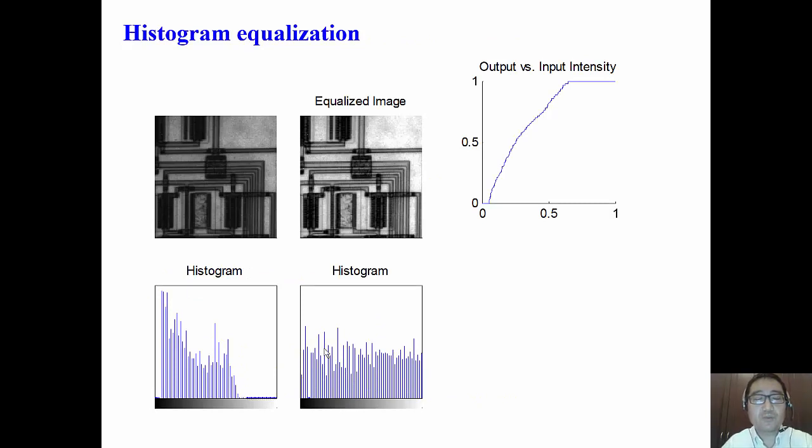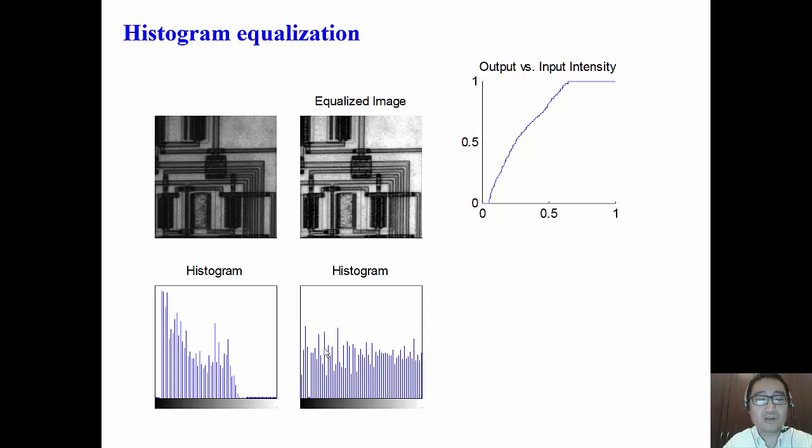Oftentimes we like to manipulate the contrast of a figure because maybe it's too dark, or we like to adjust the contrast or color. This can be done typically by looking at the histogram. Histogram basically is a statistical tool for you to count the number of pixels with a certain intensity.